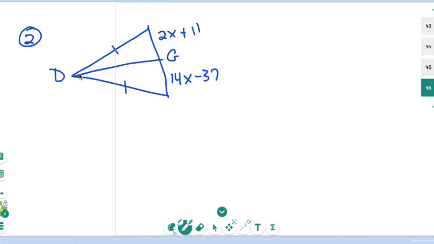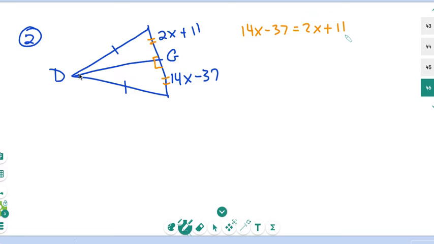So that means that we can go ahead and write in our right angles, and we can write in that these two sides are the same length or are congruent. So we're going to go ahead and solve for x. So we're going to do 14x minus 37 is equal to 2x plus 11.